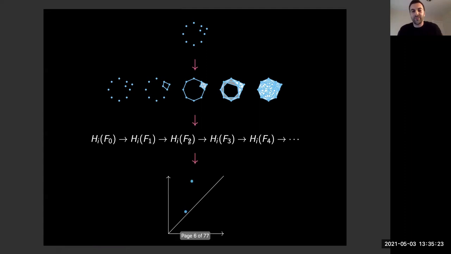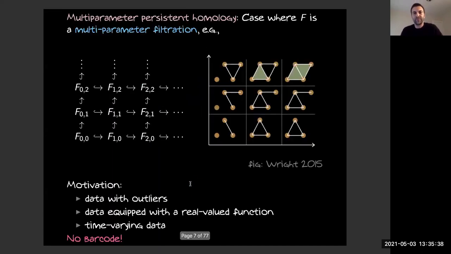And we have a structure theorem for these diagrams that tells us that the isomorphism type is completely described by a persistence diagram, this collection of points in R2, which you can also think of as a collection of intervals in R. Multi-parameter persistent homology is the case where F is what we call a multi-parameter filtration.